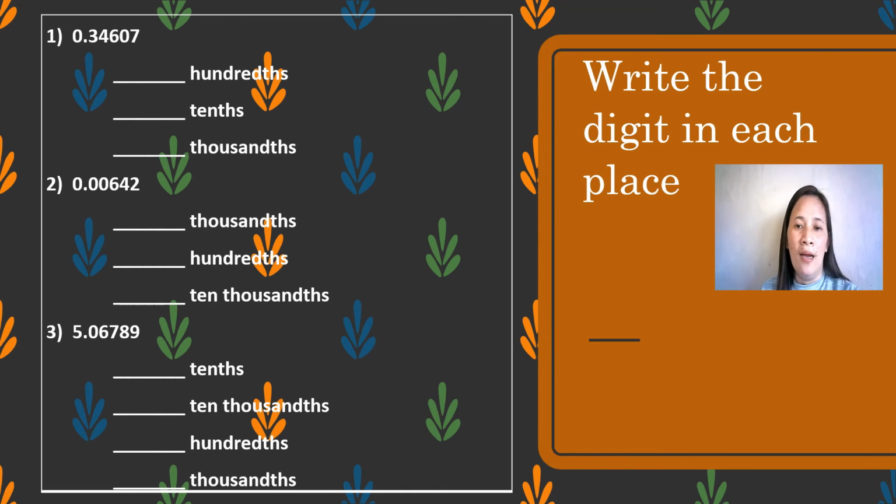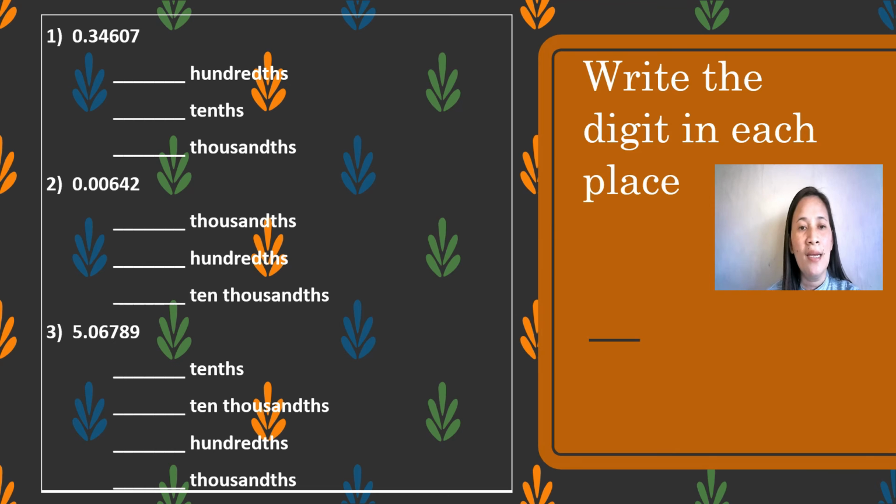So, in your math notebook, pakisagutan ito, then, pakisubmit sa akin. So, all you have to do, write the digit in its place. So, nakalagay dyan sa number 1, hundreds, tens, and thousands. So, isusulat nyo lang ano-anong digit ang nasa hundreds, anong digit ang nasa tens, thousands, and so on.